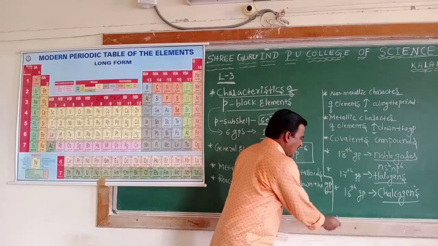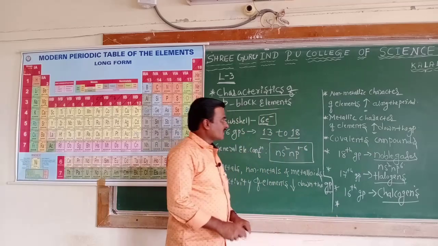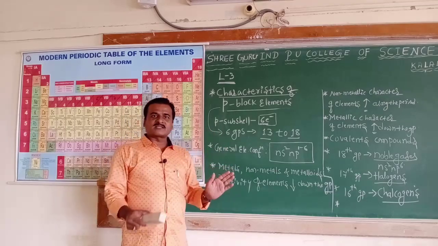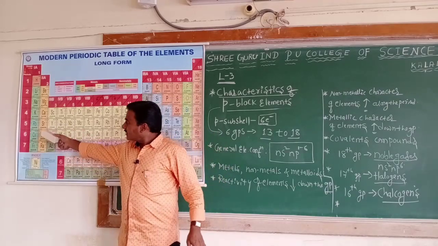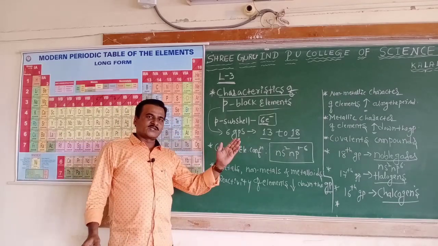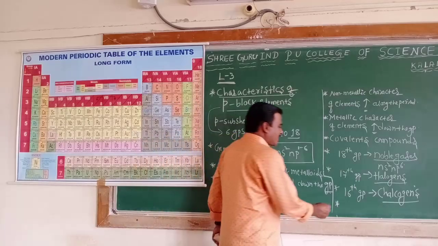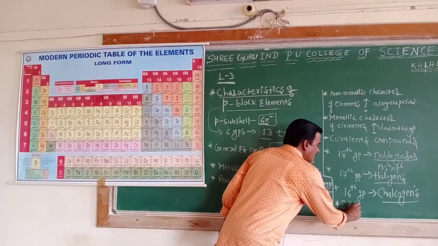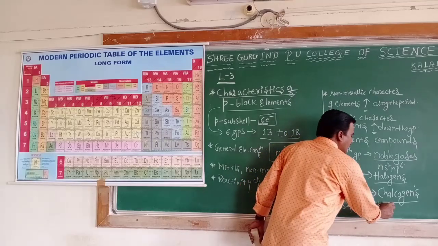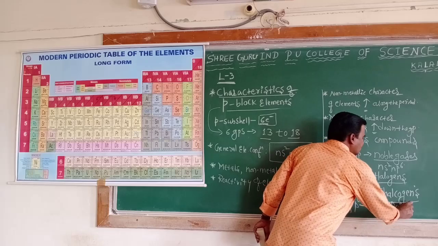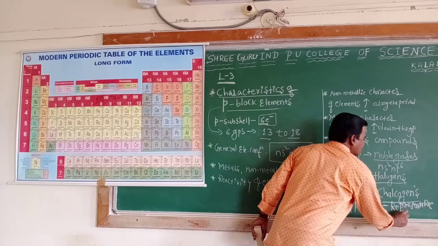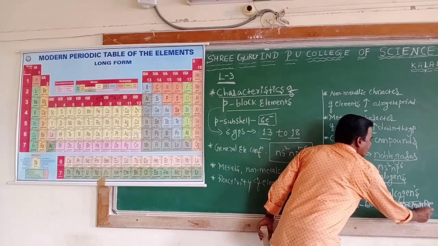One more point to add before we go on: the s block elements are placed at the left of the periodic table and p block elements are placed towards the right, and combinedly the s and p block elements are called representative elements.